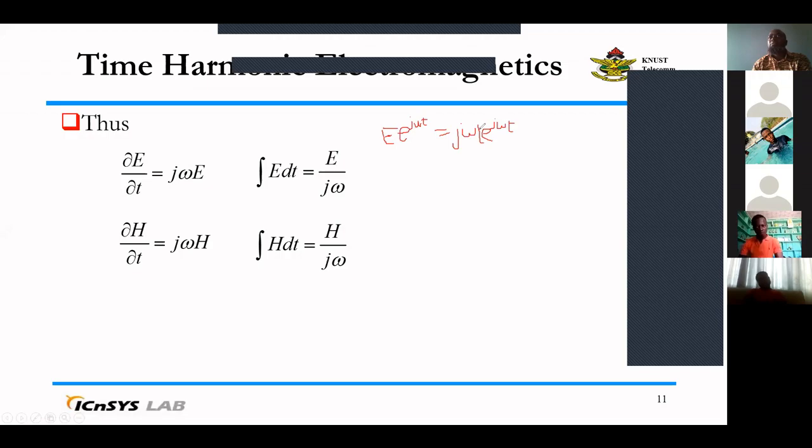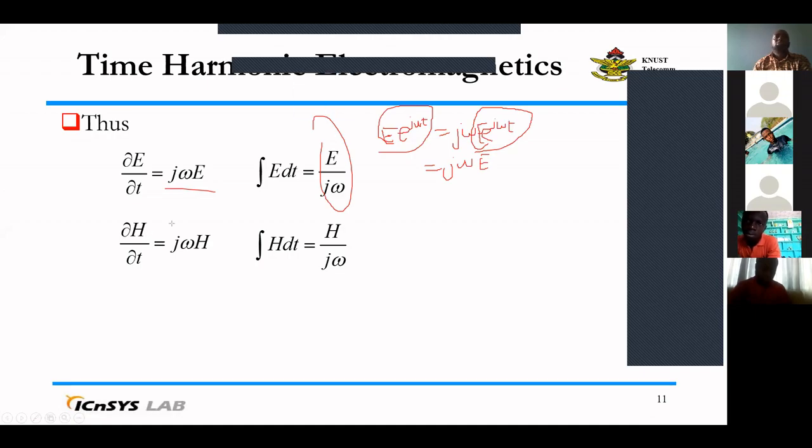This quantity, e to the j omega t, was the initial E. So this then becomes j omega times E. Therefore, if you differentiate E with respect to t, you get j omega E. If you integrate, you get E divided by j omega.